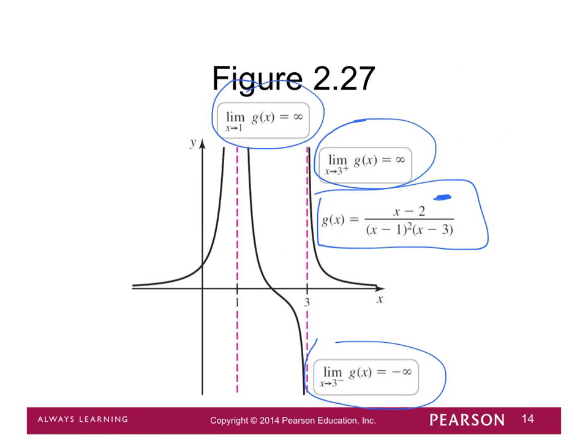In the bottom, as we approach from the left, we're going to have a negative number, but a negative number that's squared. So that's always going to give us a positive number. Whether we put in a negative or a positive number, when we square it, it's still positive. And when we put in a 1, 1 minus 3 gives us a negative 2. Well, we see that these negatives cancel, and so we'll have a positive quantity.